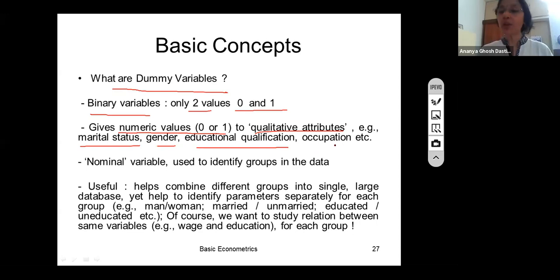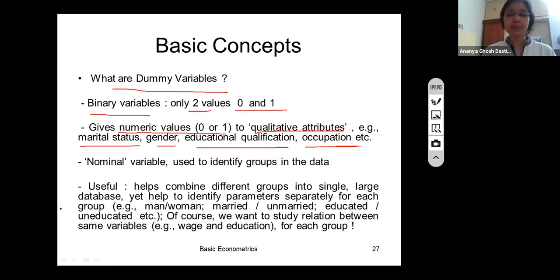Occupation, 1 if an officer, 0 not an officer. So you use dummy variables to clearly demarcate groups in your data. You have a group of people who are married, a group who are men, a group who are more educated. Dummy variables are just a trick, a way of numerically picking up those groups.